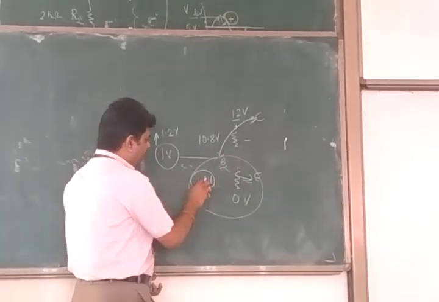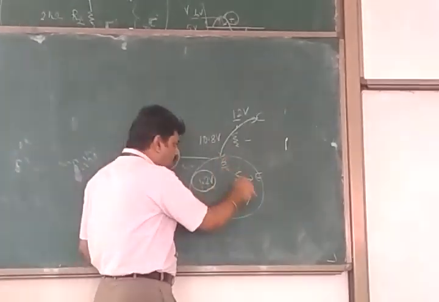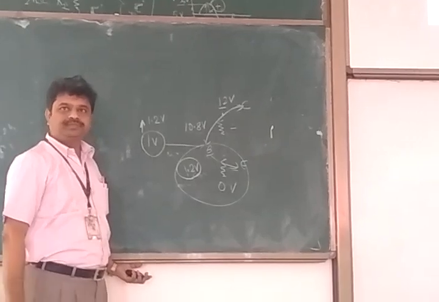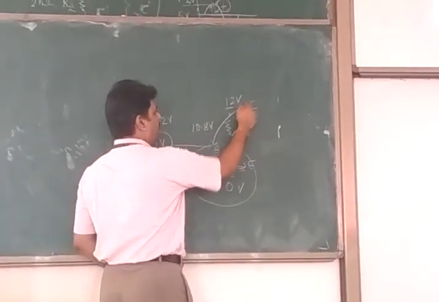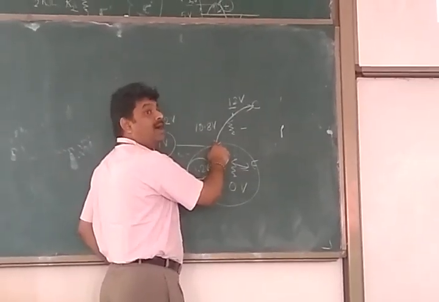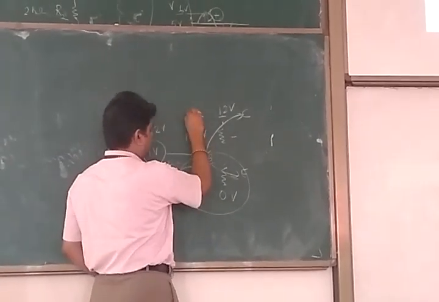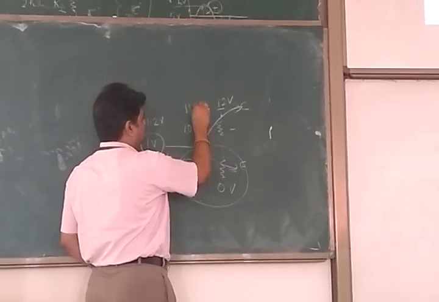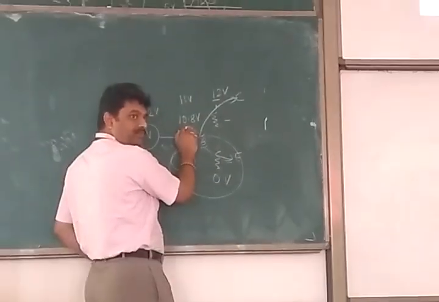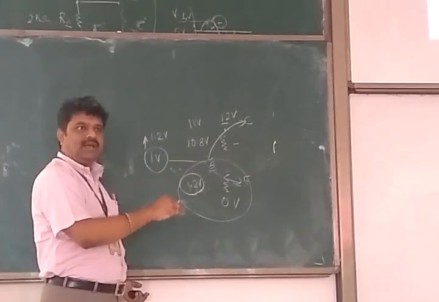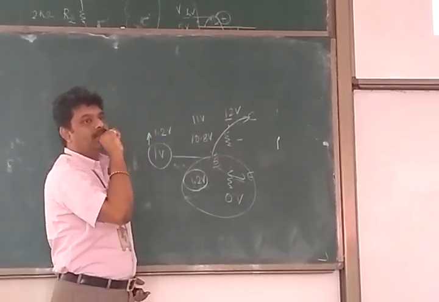Correct, no? When voltage increases, more current is allowed to flow. Here it is what bias? Reverse bias. Earlier what is the voltage? 11 volts. Now the voltage has reduced. In reverse bias, when voltage decreases, what happens to the resistance?